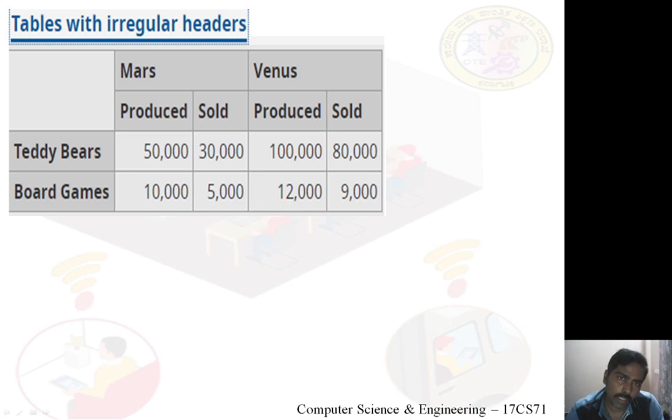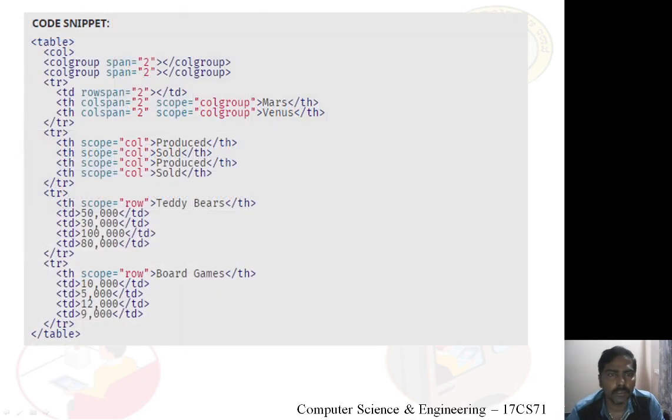Whereas the second cell in the first row spans even the third column, and the fourth column spans with the fifth column. Clear? The same column span and row span we discussed plays the same role here. We just need to make use of colgroup.